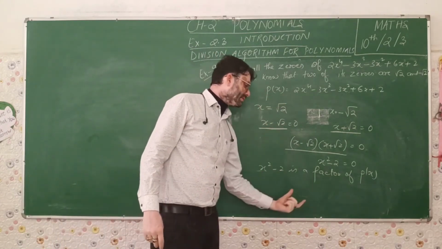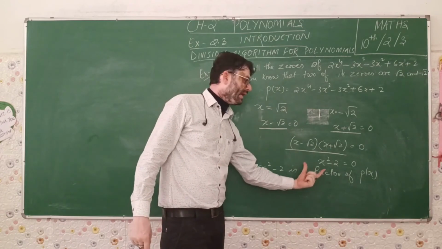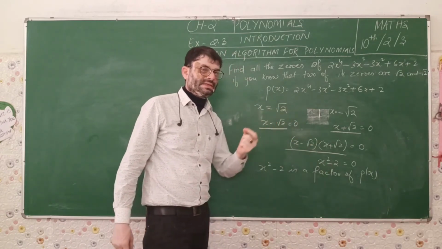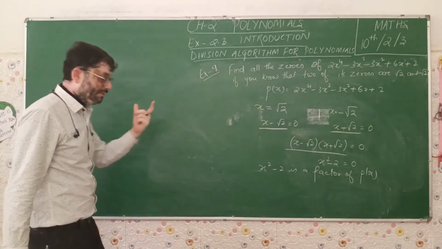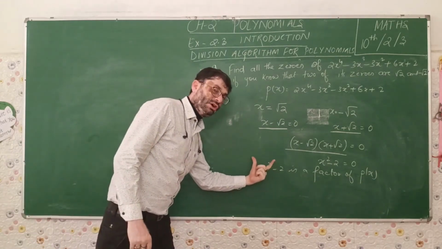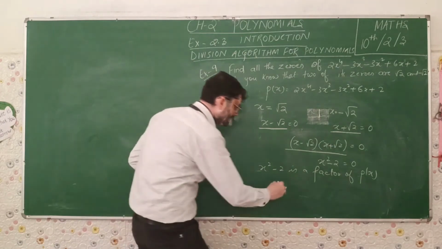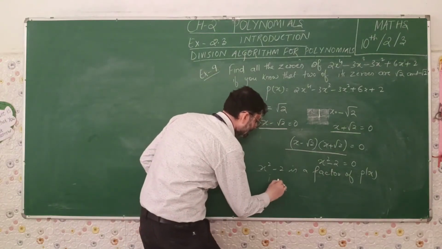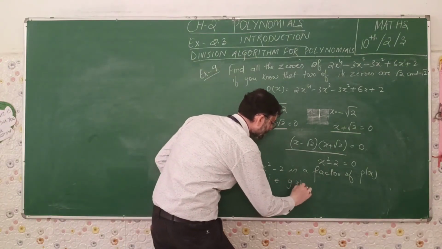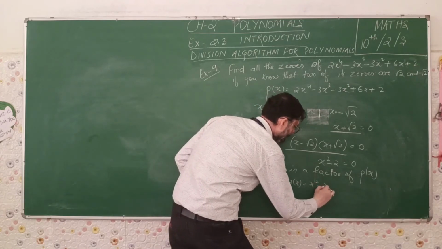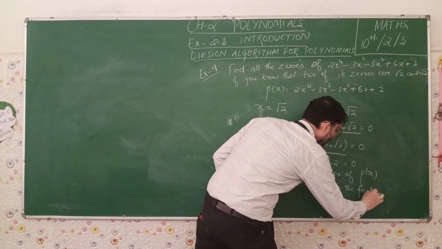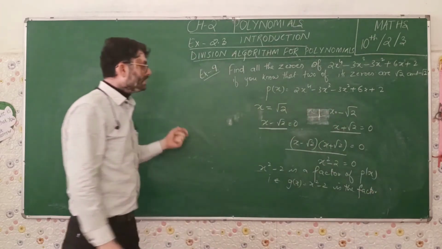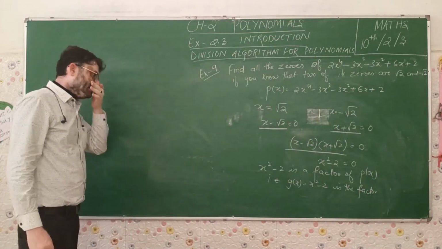Here it is mentioned that x squared minus 2 is a factor of p of x, which means in the division process the remainder will be 0. So let us divide this. We can consider this one as g of x also. So let us write it for your convenience: g of x is equal to x squared minus 2, the factor. And let us divide it, and we should get the remainder to be 0.